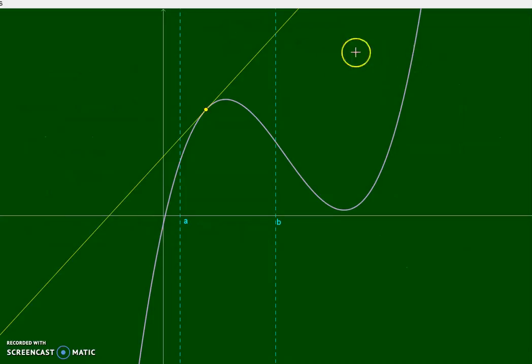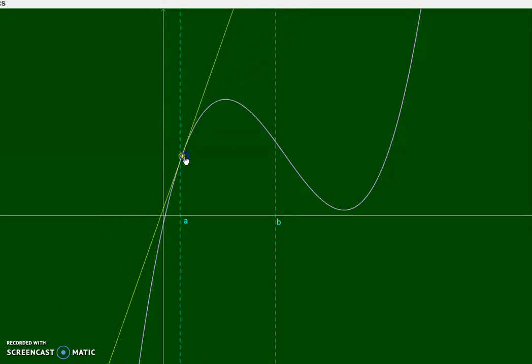Here we have a function and a point on the function, and here is the tangent line to the point. Between A and B, we're going to look at what's happening with the slope of the tangent line as we move from left to right. As we move, the tangent line is getting less and less positive.